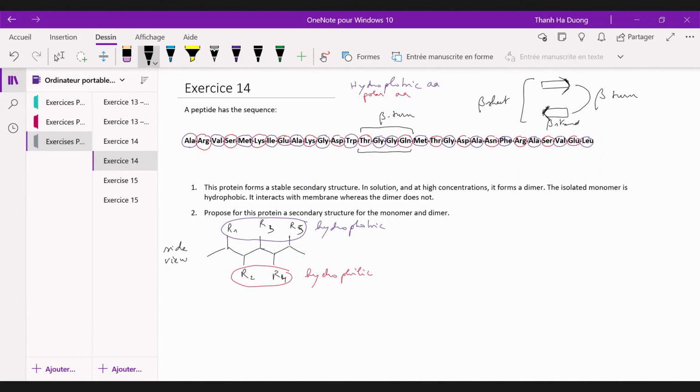One side of the sheet is hydrophobic, and the other side of the sheet is hydrophilic, because you have alternatively hydrophobic and polar residues.